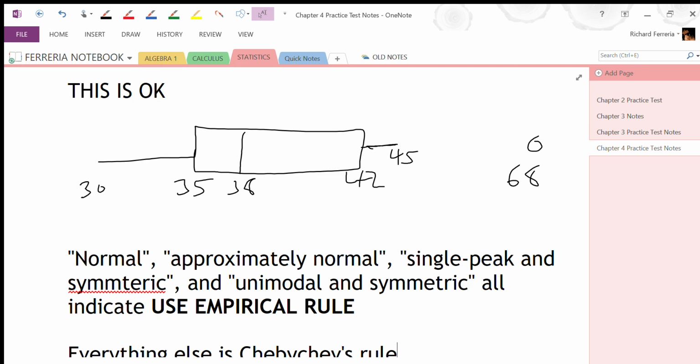Remember, the way Chebyshev's inequality works is you'll get a number out of it. If we use 2, you get 75. So Chebyshev's rule says that 75% or more of the observations are within 2 standard deviations.